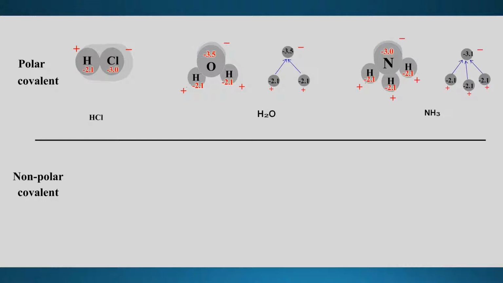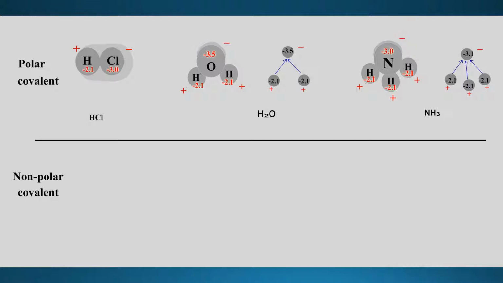Look at ammonia, the nitrogen of ammonia. Which one has the strongest electron pulling now? N, 3.0. So the electron will be pulled more towards the N, so N will become more negative.